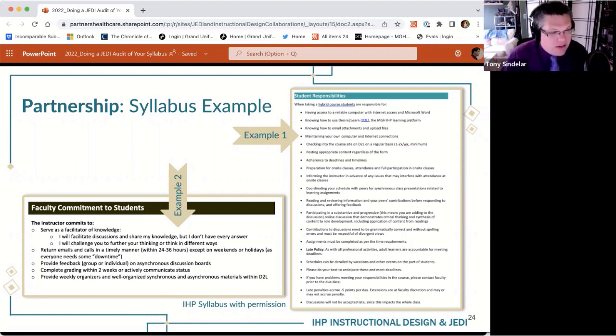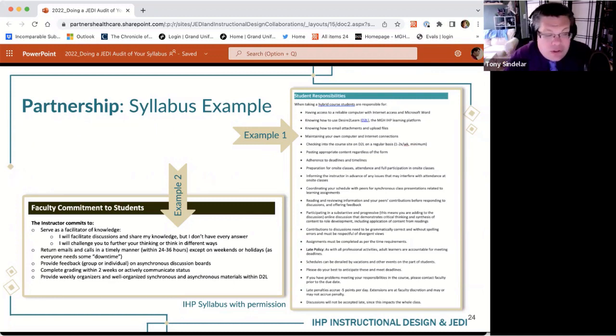On the left side of the screen here, example 2 is also from an IHP syllabus. This one is from Emily Larive in CSD, who shared it with us, but she wanted to credit Rita Olins for the idea to have this in her syllabus.